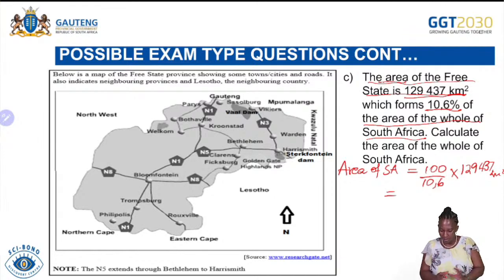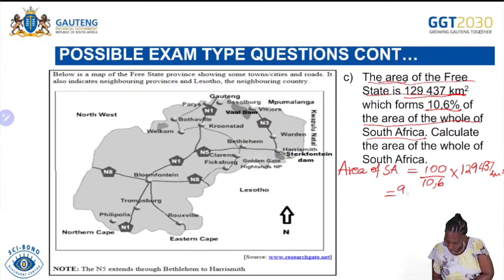So we want to know the area of the entire South Africa. Then we say 100 divided by 10,6. And then we get it to be, it's up to you the way you do it. You are going to do it the best method that you know. You can use it, but this is the simplest way.